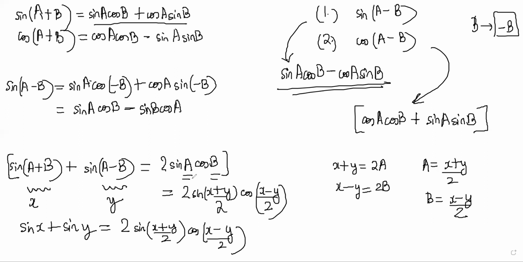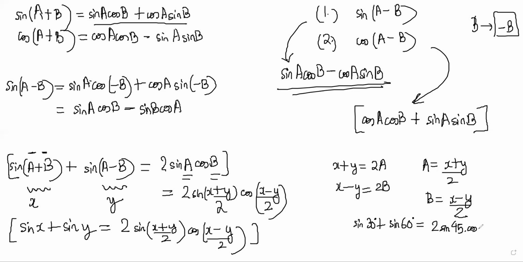Questions will be like that, right? So I want to know a direct formula for this, not for some intermediate formula where I need to know what is A and all. I don't want to figure out A and B. I want to be able to say what is sine of 30 degree plus sine of 60 degree. It should be 2 sine 30 plus 60 by 2. So that is 45.